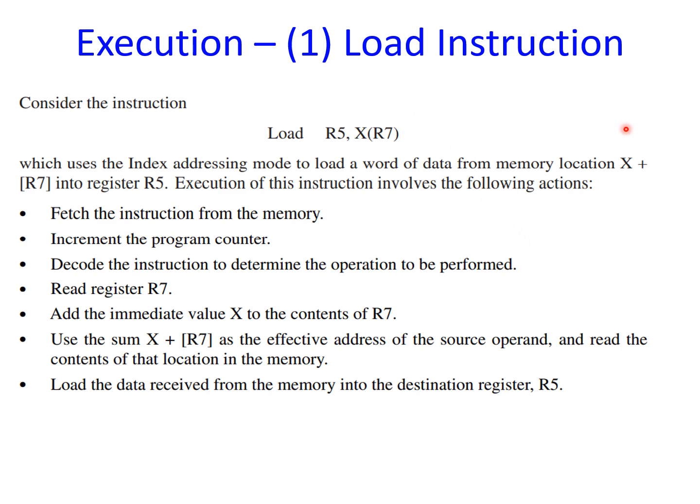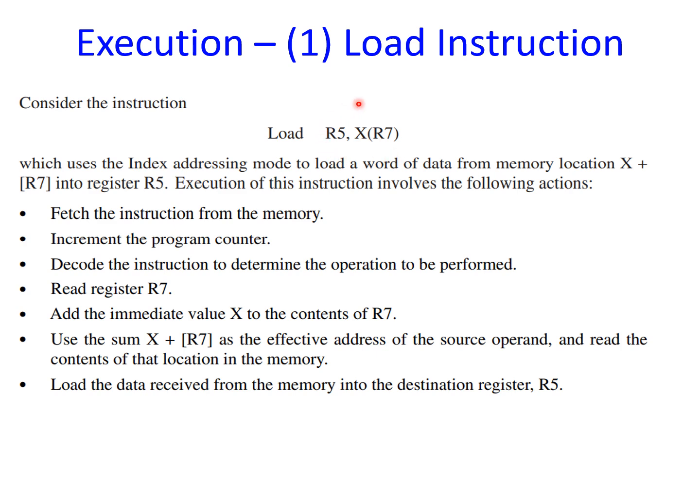Now we will see how we can divide the execution steps for different instructions. The first step will always be to fetch the instruction from memory, and the next step will be to increment the program counter. The third step will be to decode the instruction and determine the operation to be performed.